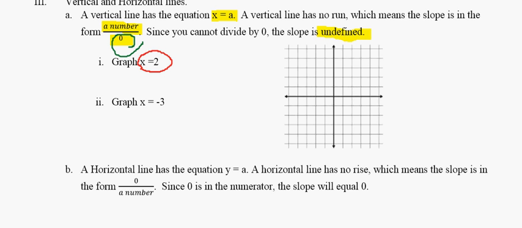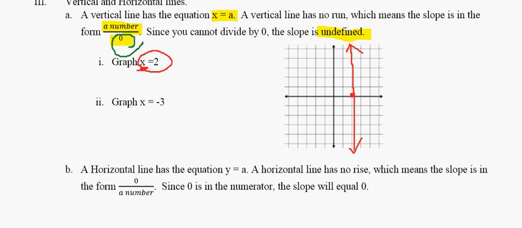So let's go ahead and graph this one. x equals 2. Whenever we see that x equals a number, we know we have a vertical line. So I'm just going to go to 2 on the x-axis, because we're talking about x, we're not talking about y. I'm going to graph a vertical line.